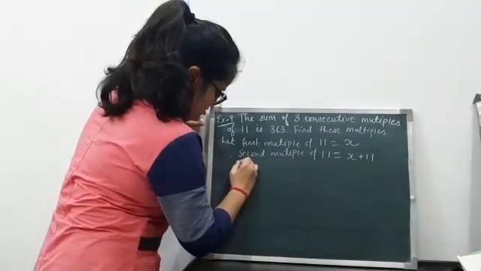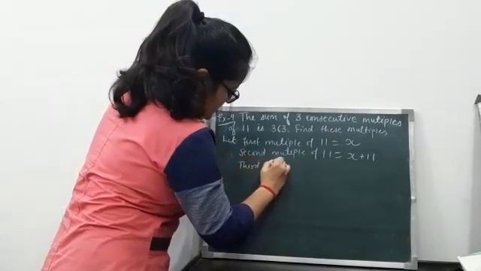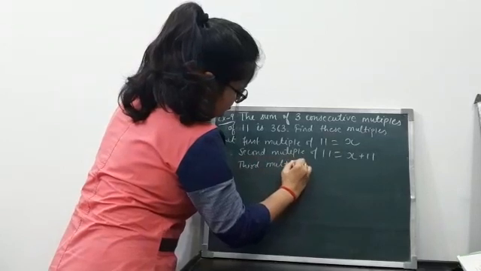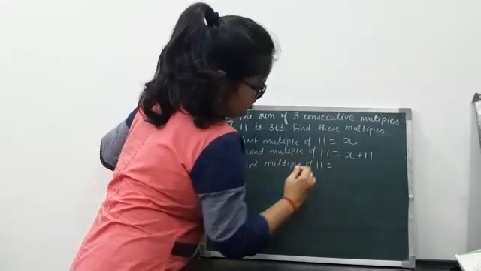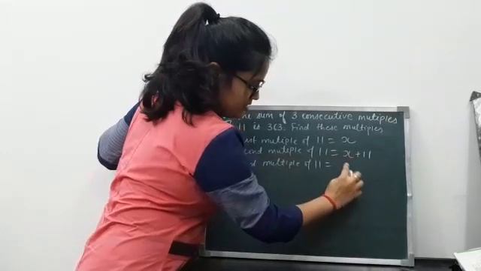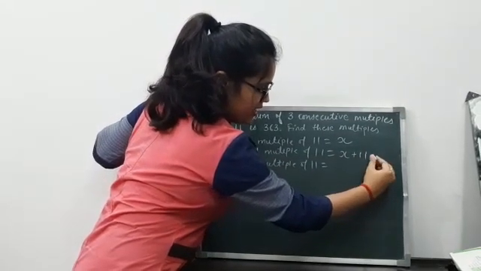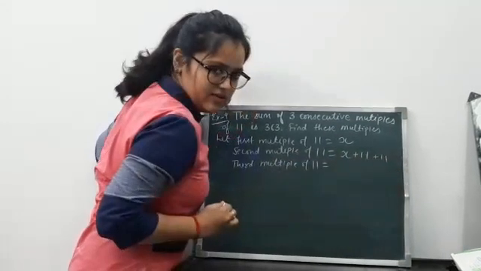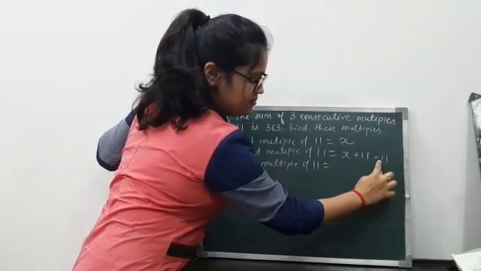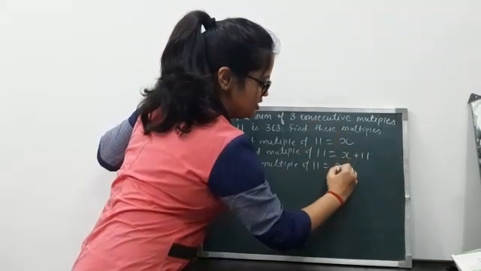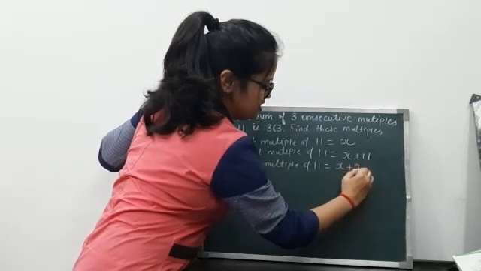See how the third multiple of 11 is obtained: the second multiple is x plus 11, and if I add 11 one more time here, 11 plus 11 becomes 22. So it will become x plus 22.